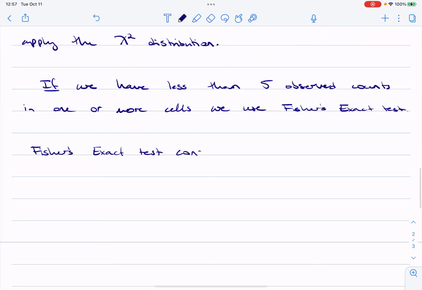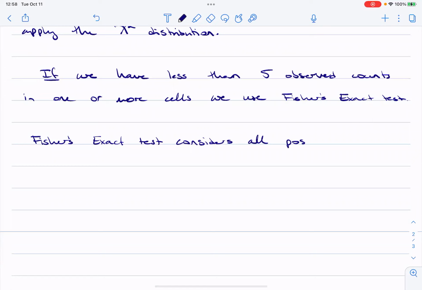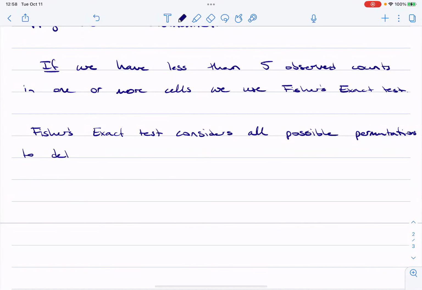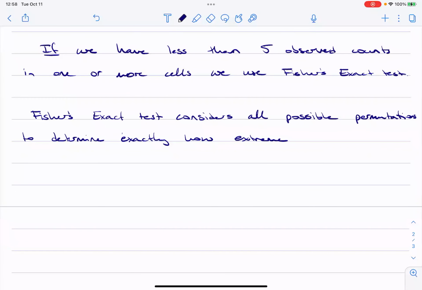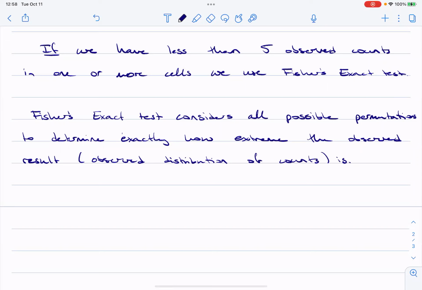So Fisher's exact test considers all possible permutations to determine exactly how extreme the observed results, or observed distribution of counts, is.